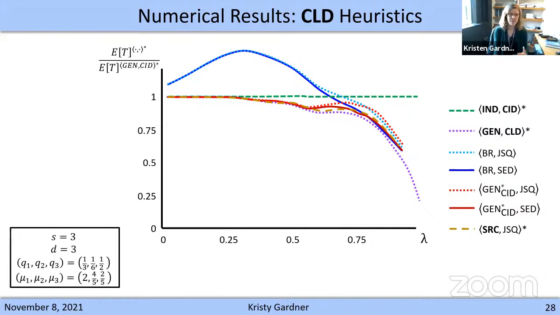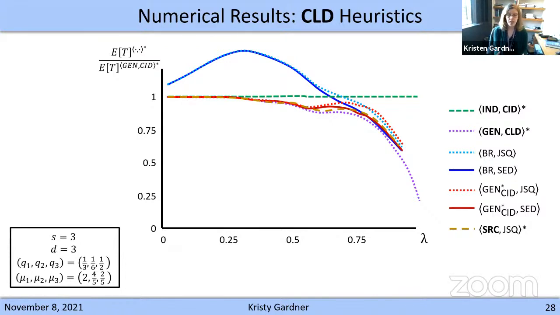What's going on here is that all of our policies have similar performance at low lambda because here they're all succeeding at only using the fastest servers. At higher lambda, we start to see a little bit of a gap between the JSQ-based policies and the SED-based policies.